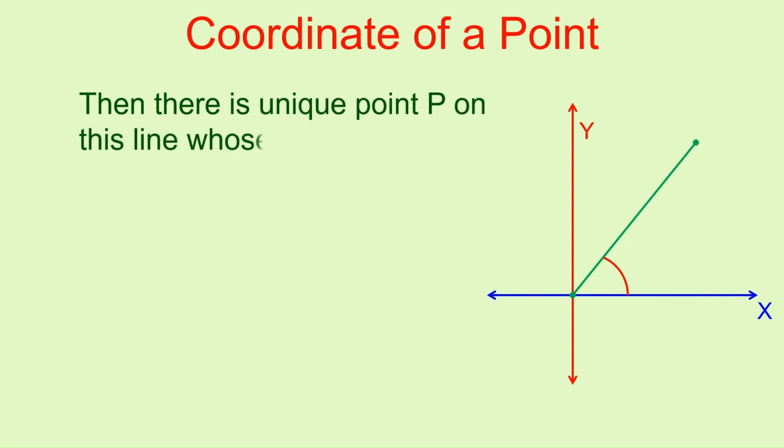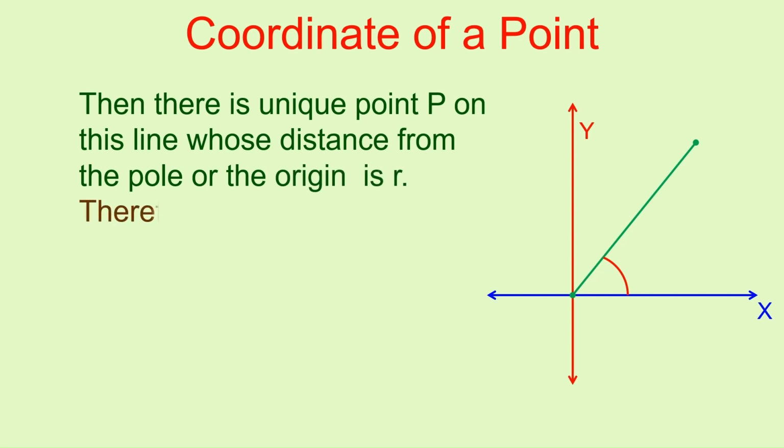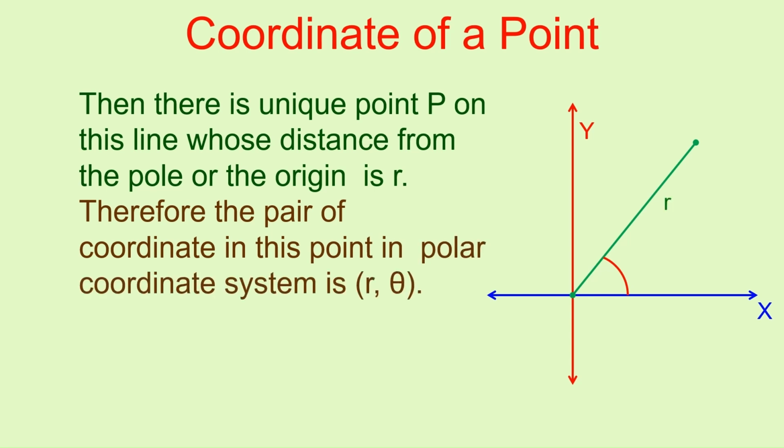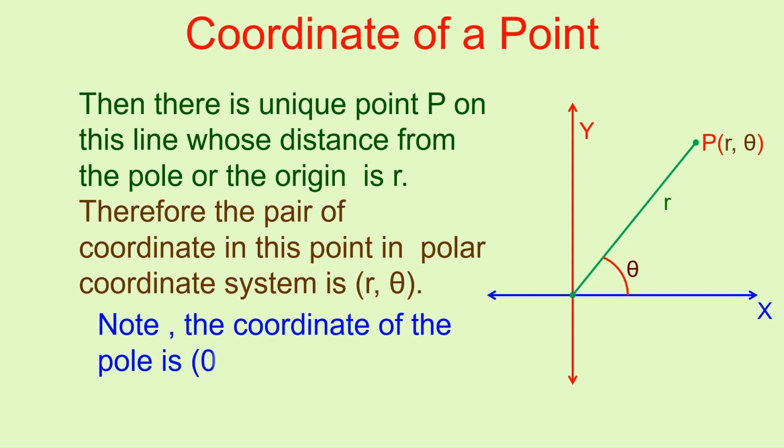Then there is a unique point P on this line, whose distance from the pole or the origin is r. Therefore, the pair of coordinates of this point in polar coordinate system is (r, theta). Note, the coordinate of the pole is (0, theta) for any value of theta.